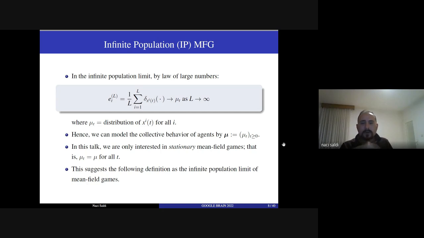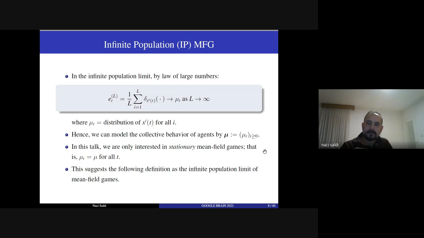And therefore, in the infinite population limit, the problem that we have is the following. We have a state measure flow which models the collective behavior of agents, and a generic agent is competing with this collective behavior.